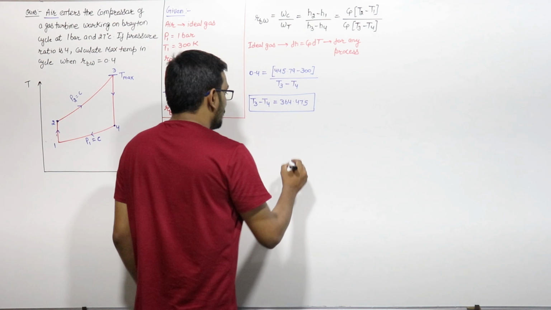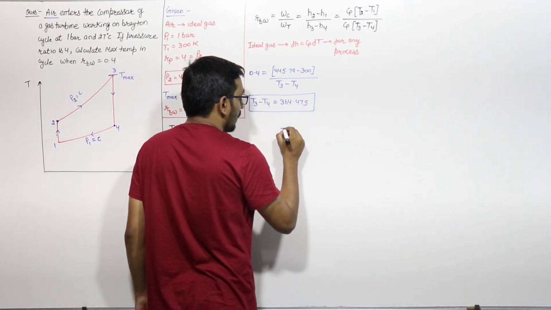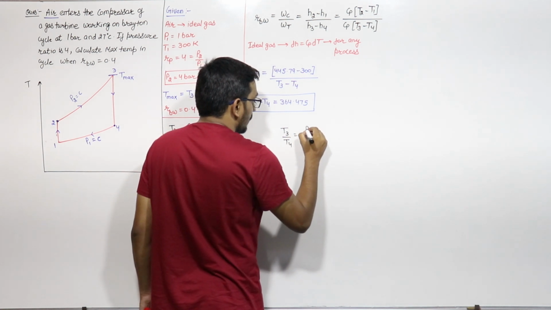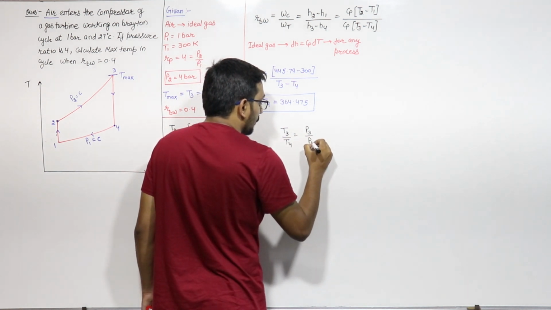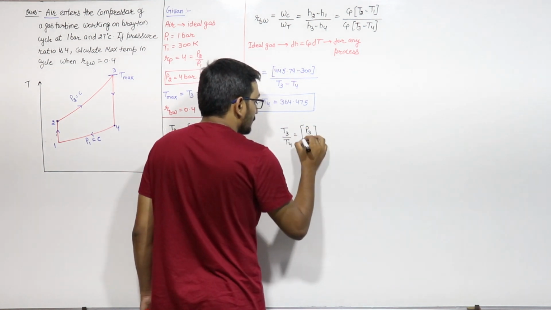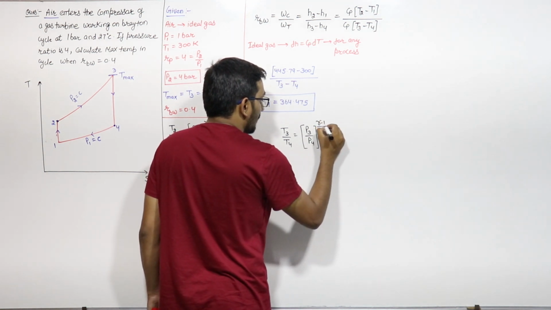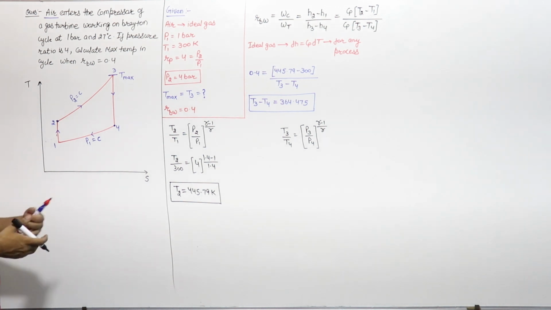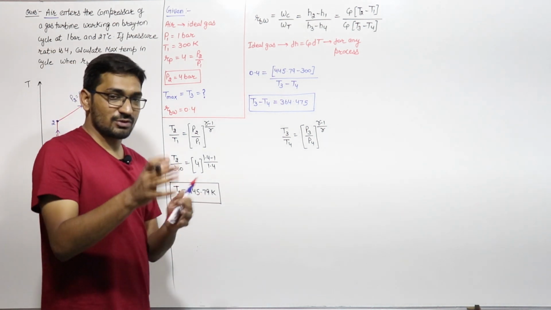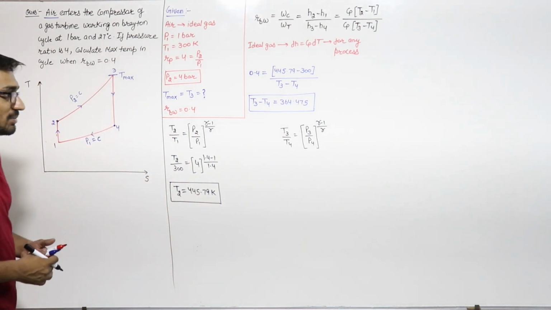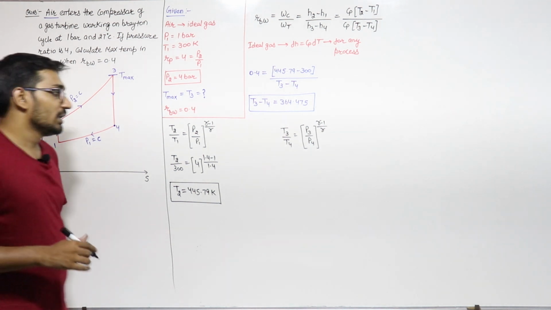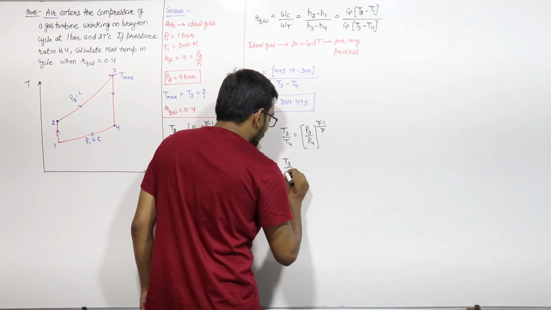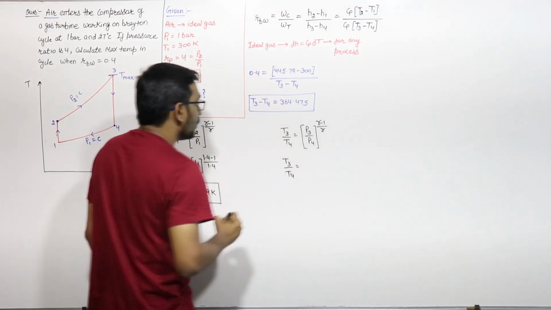From the process 3 to 4 you can write T3 by T4 will be equal to P3 by P4 raised to power gamma minus 1 upon gamma. Here it is not mentioned that gamma for compression is this much and gamma for expansion process is this much, so we can treat both as equal. So T3 by T4 is equal to, what is P3?